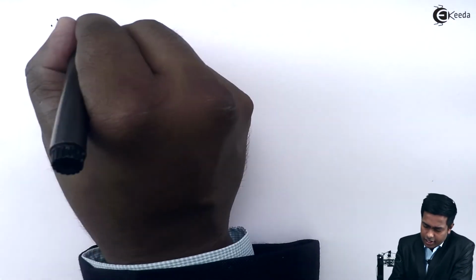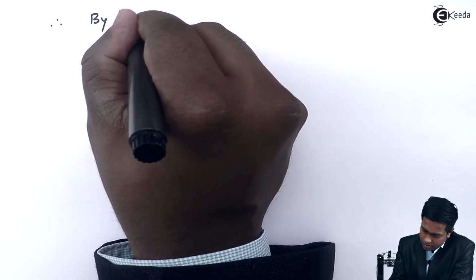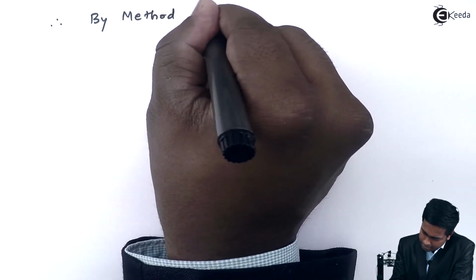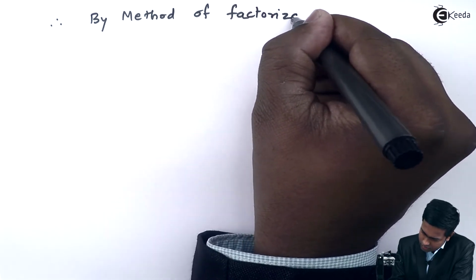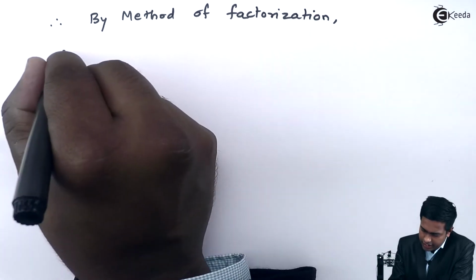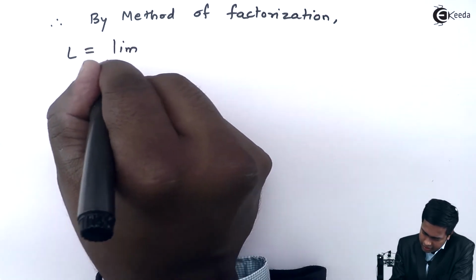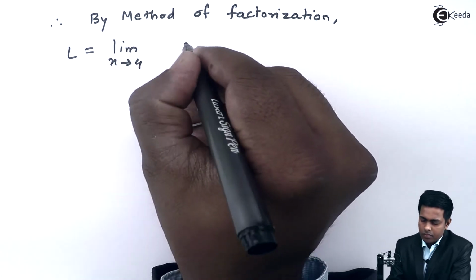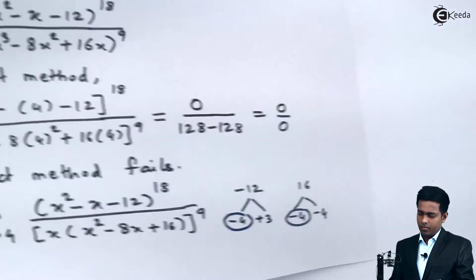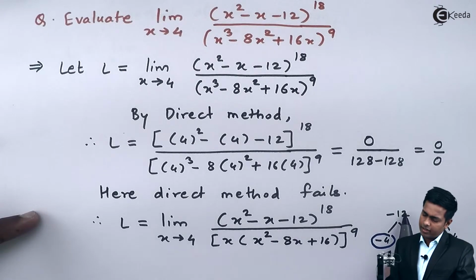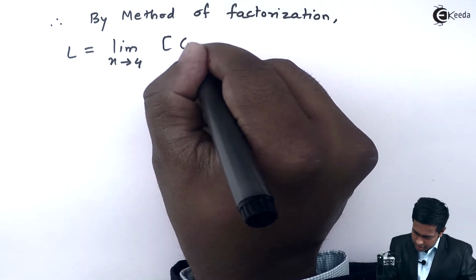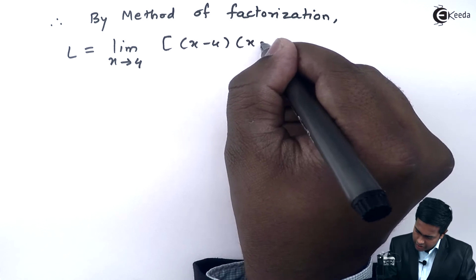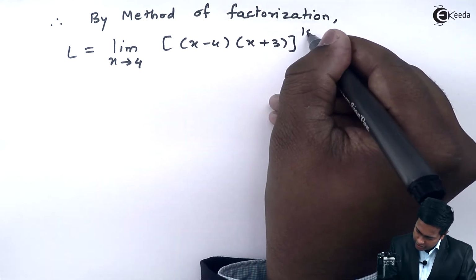Hence here we will use the method of factorization to evaluate the answer. So by the method of factorization we will get L as limit x tends to 4, the factors of the numerator are minus 4 and plus 3, so I will replace this bracket by ((x − 4)(x + 3))^18.